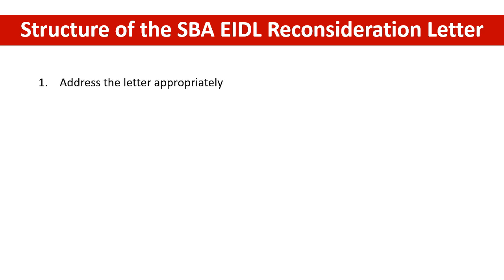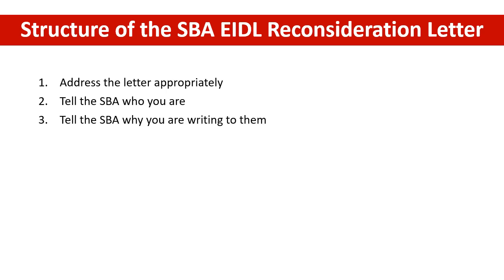So the first thing your letter is going to have is the address, meaning you need to use the address information that we give to you. You don't even have to look for it. You need to address the letter appropriately. That means with the SBA's information and then also with your information. So you're going to tell the SBA who you are. You're going to tell them why you're writing to them.